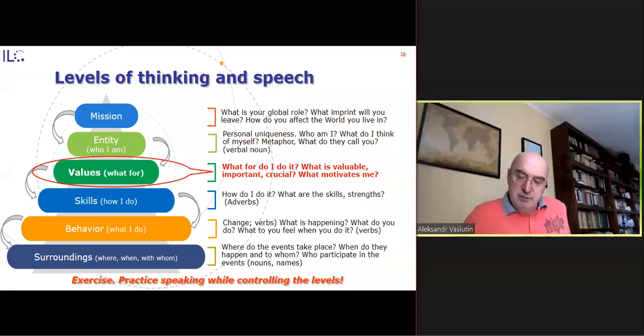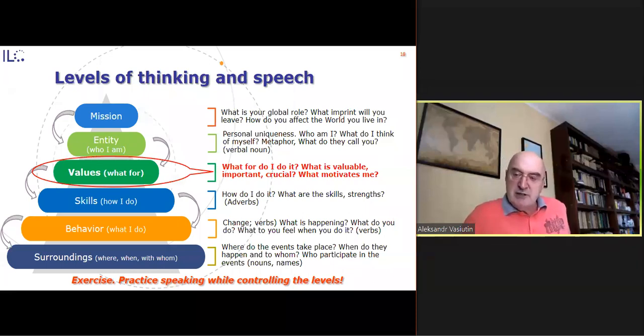But if you prioritize the gym, then your level of thinking is different. Look, our values help us prioritize. And in a subconscious way, we make choices between our values.